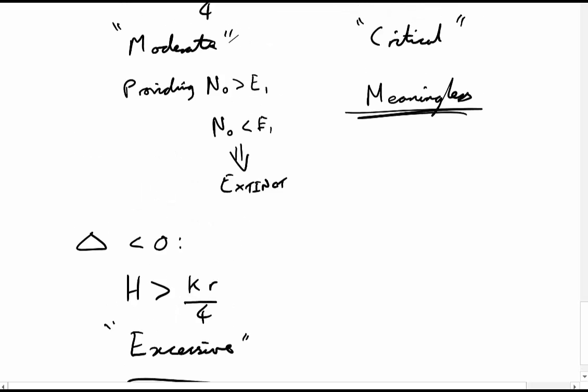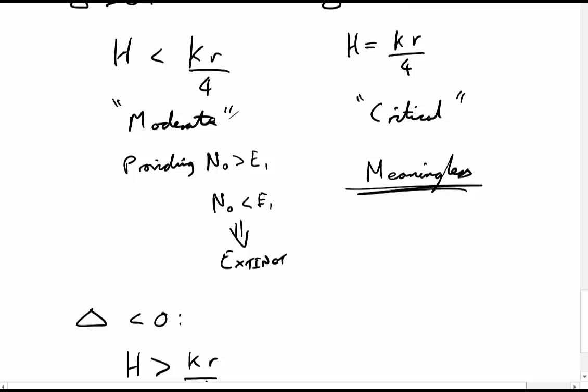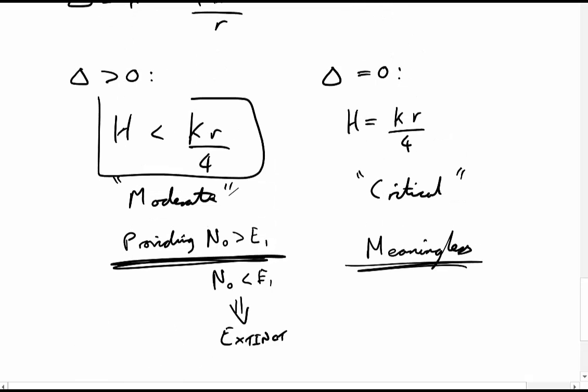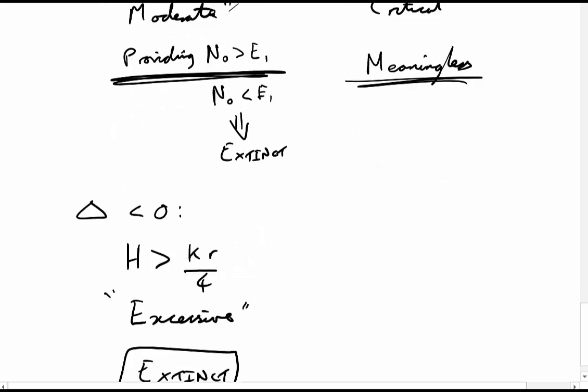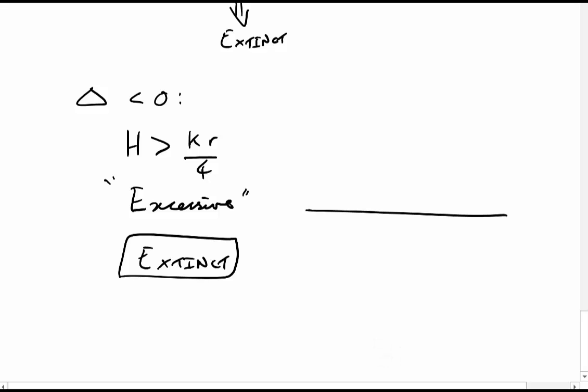Okay, so basically the harvesting value for the logistic model, providing n0 is greater than E1, we can harvest less than kr on 4. So if we draw this on a diagram of h, okay, so this is the harvesting number line. Here's kr on 4. Here we have critical harvesting, and that can't happen, because it's meaningless.